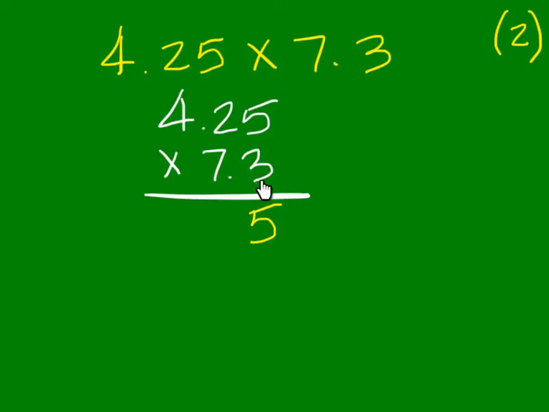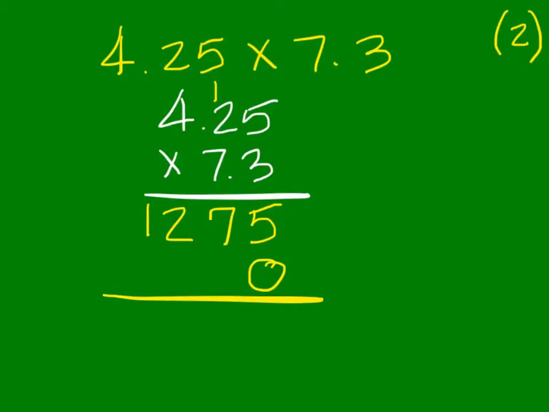And then you're going to carry that 1 from the 15 to this multiplication. 3 times 2 is 6, but plus the 1 that we had would give us 7. Now there's nothing to carry to here. 3 times 4 is simply going to be 12.